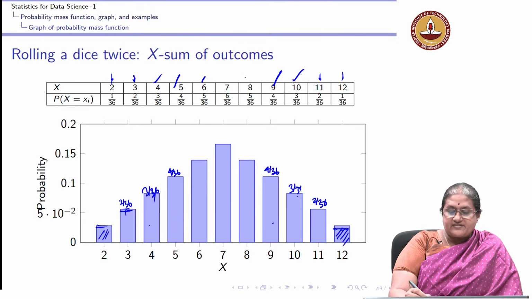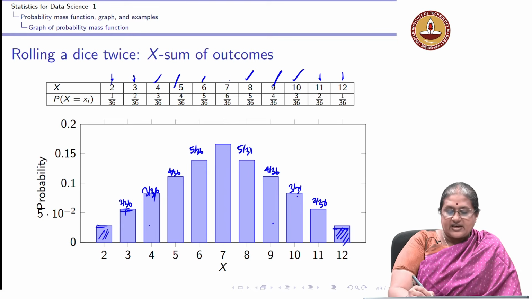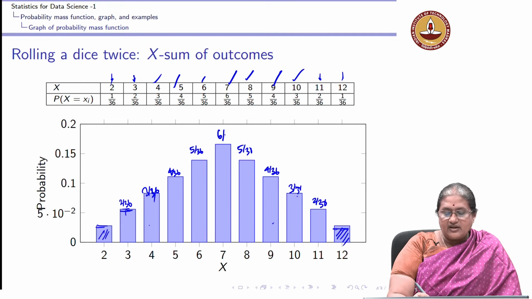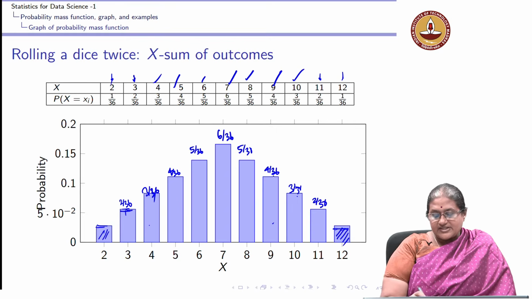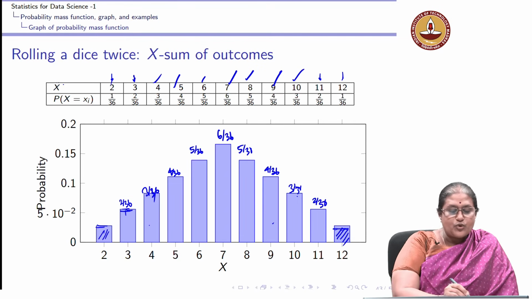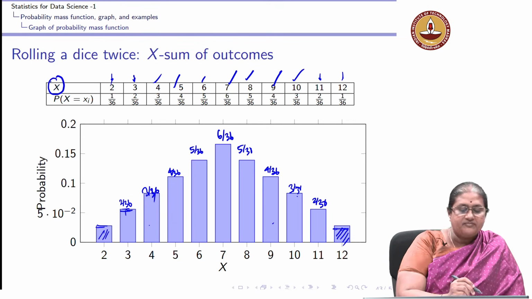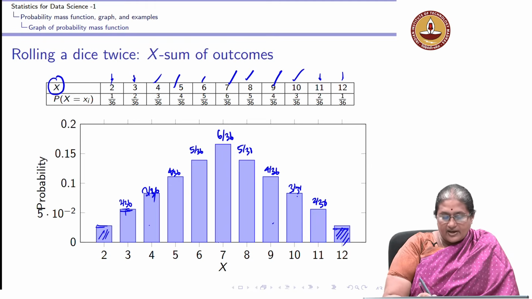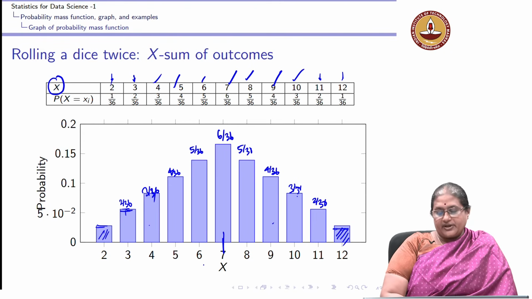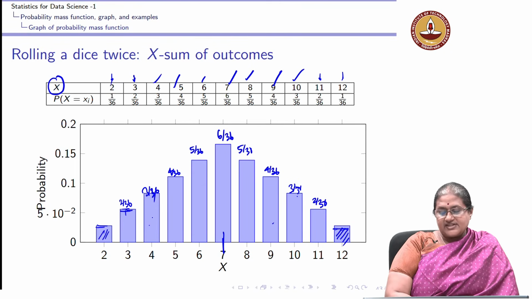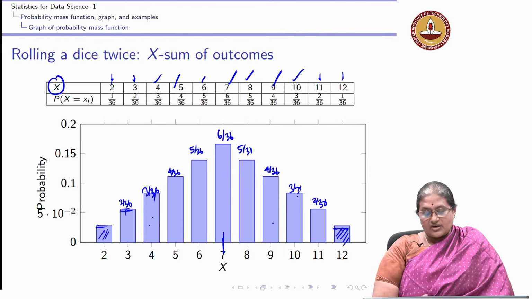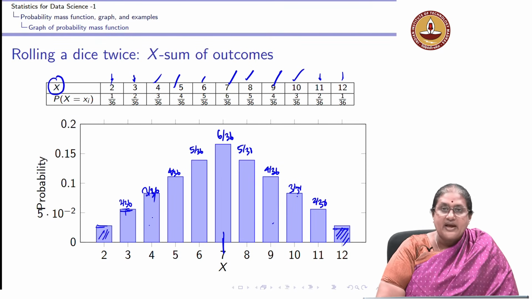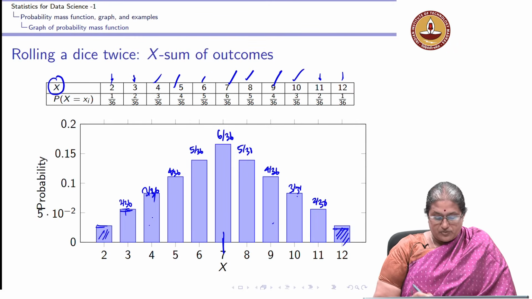It takes the values 6 and 8 with the probability 5 by 36, and it takes the value 7 with the probability 6 by 36. So, again you can see that the distribution of this random variable is symmetric about a particular point. You can see an element of symmetry, or a symmetric behavior, in the distribution.